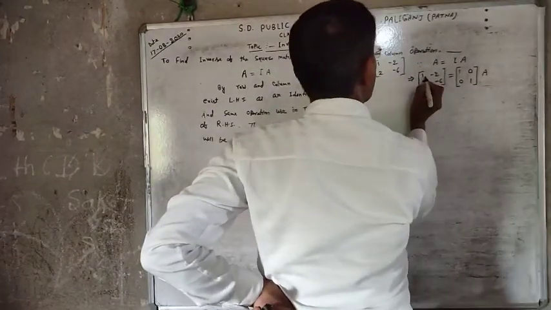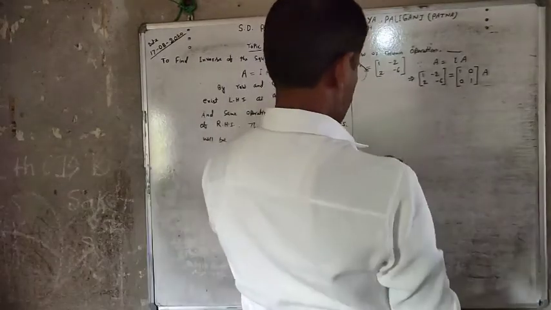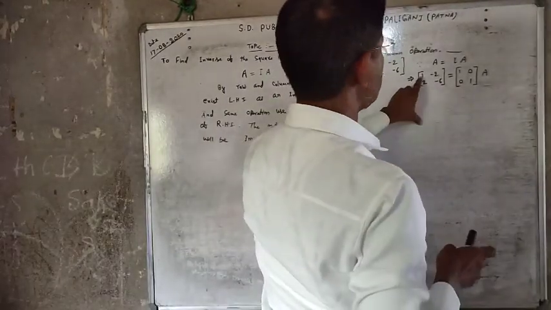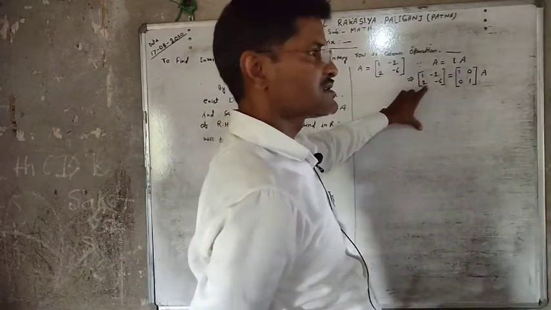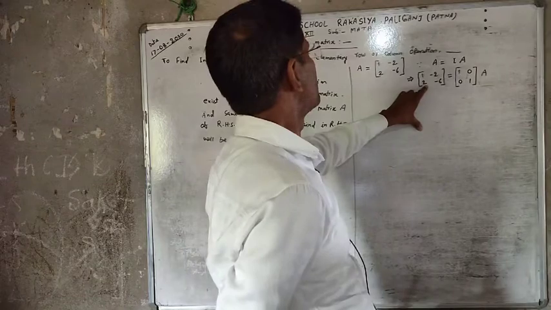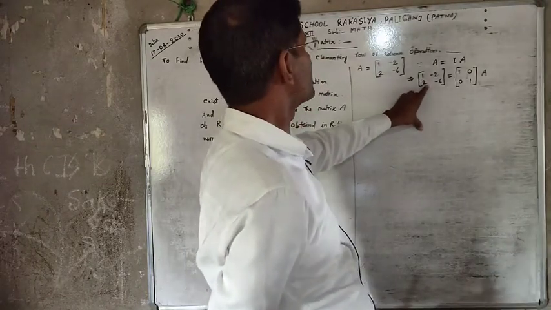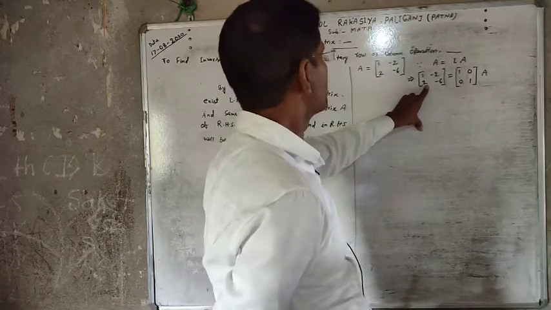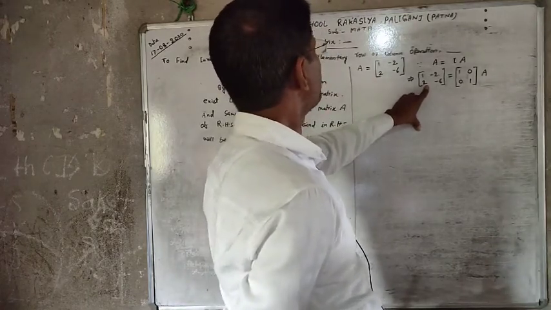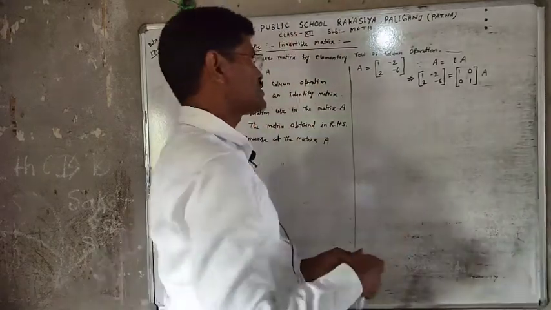First of all, by observing the matrix in the LHS, if the first row is multiplied by 2 and subtracted from the second row, then the first element of the second row will be equal to 0.